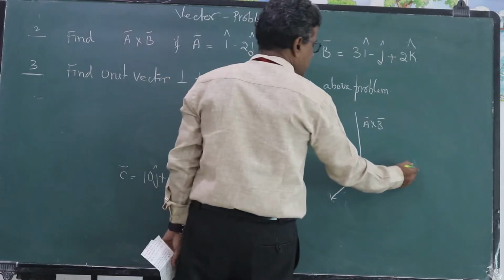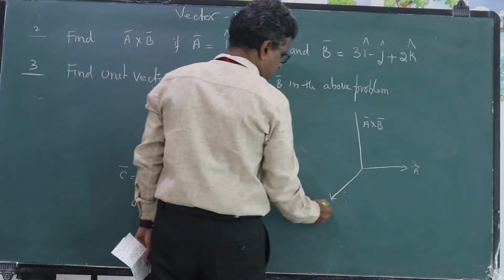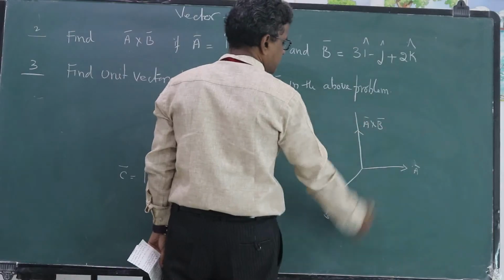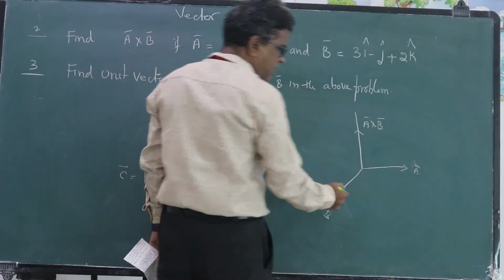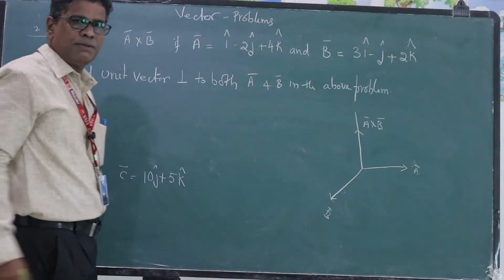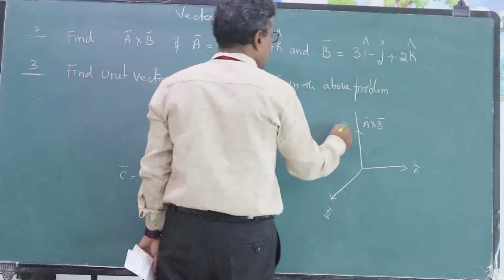Suppose this one is A, this one is B, then perpendicular to this one is along the Z axis. So A bar and B bar lie in the xy plane, and A bar cross B bar, that is C bar, is perpendicular to both.